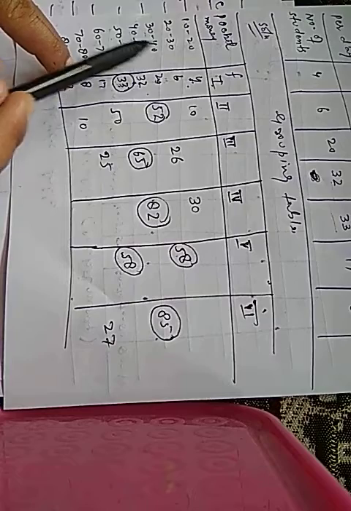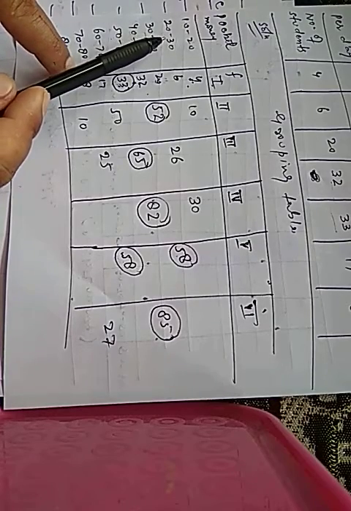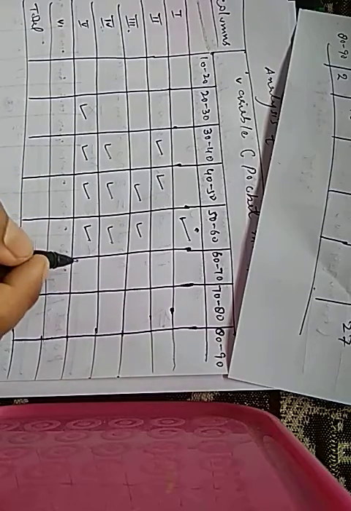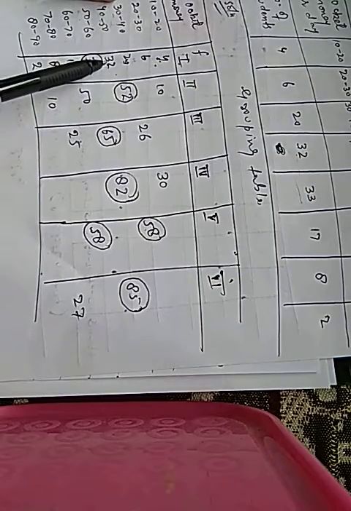Therefore, from class interval 20 to 30 up to 70 to 80, we have to tick mark in the fifth column: 20 to 30, 30 to 40, 40 to 50, 50 to 60, 60 to 70.